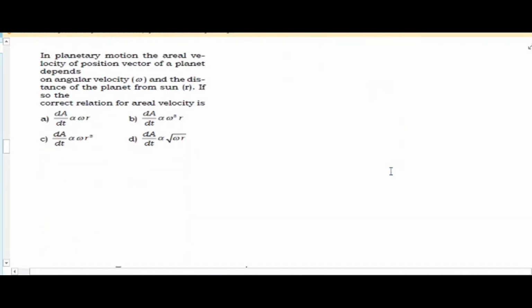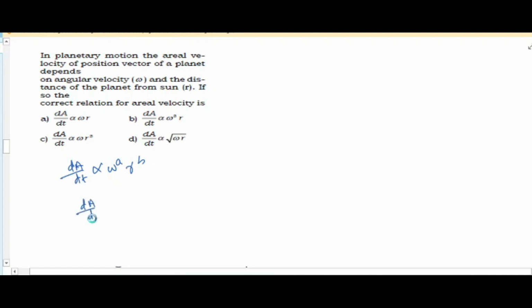Next: in planetary motion, the areal velocity of the position vector of a planet depends on angular velocity omega and the distance of the planet from the sun r. If so, the correct relation of areal velocity. Here areal velocity is nothing but area by time. Areal velocity depends on angular velocity to the power of a, distance r to the power of b.